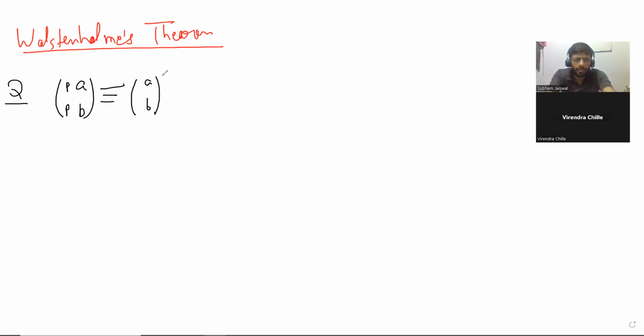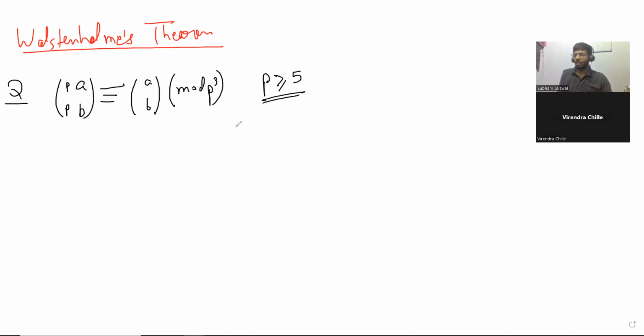So yeah. The result is that this is congruent to something mod p cube. And here p is a prime bigger than or equal to 5.